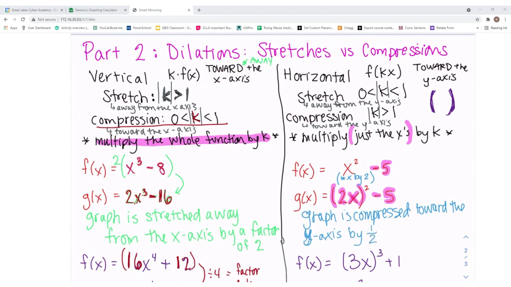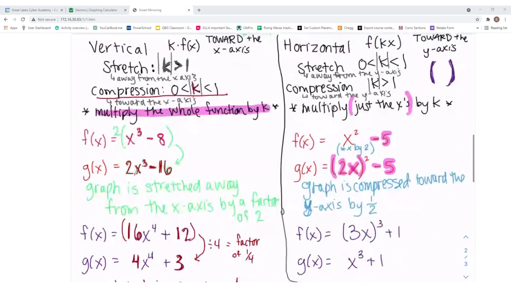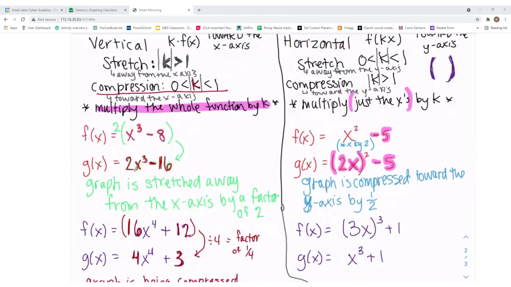Because though we multiplied by 2, that means it's going to become 1/2. Weird, right? It's like the opposite of what it was on the other one.